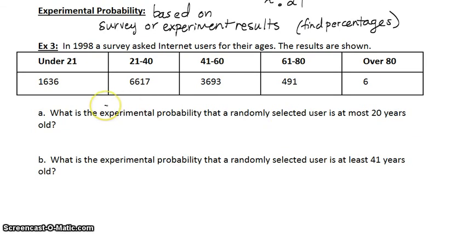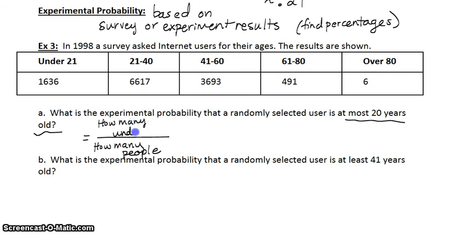Part A, what is the experimental probability that a randomly selected user is at most 20 years old? So if I want to figure this out, I want to know how many people total took the survey, and then I want to figure out how many are under 21, because at most would be 20 or younger.